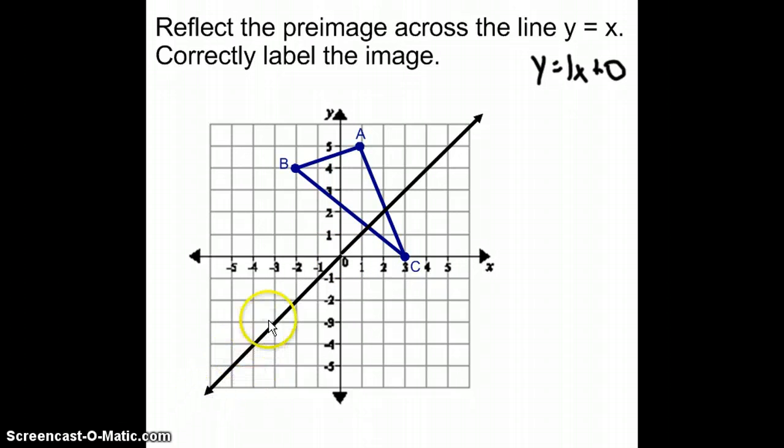So now that we have our diagonal line y equals x, we need to mirror our pre-image triangle ABC over the mirror line. Because our line is on a diagonal, we need to go diagonally across our mirror line, so that our translation is straight across at 90 degrees, so it's perpendicular across the other way.